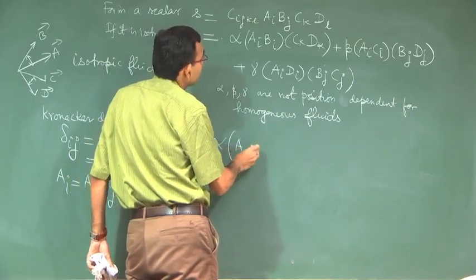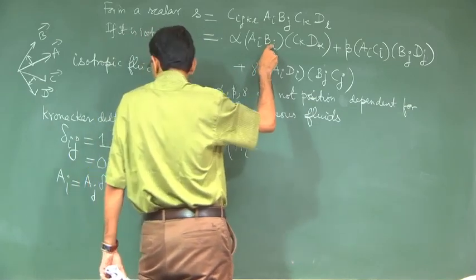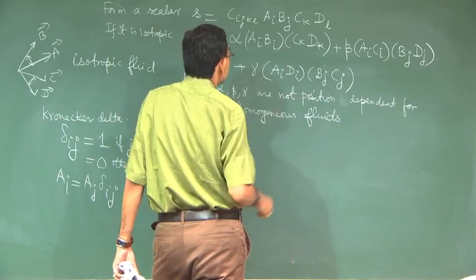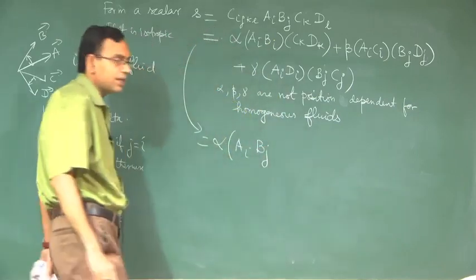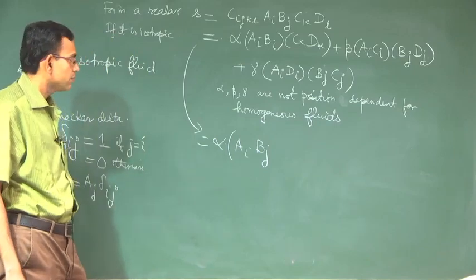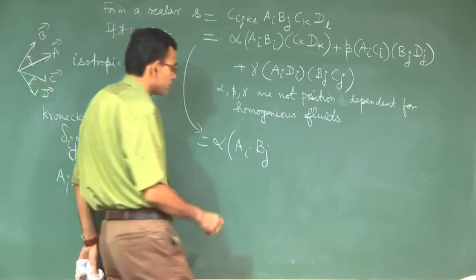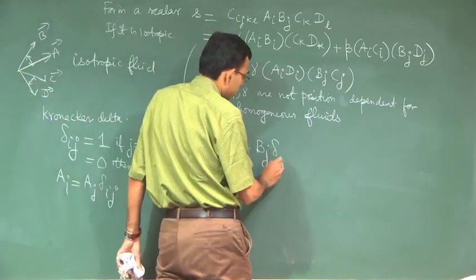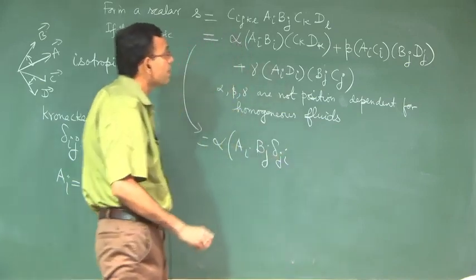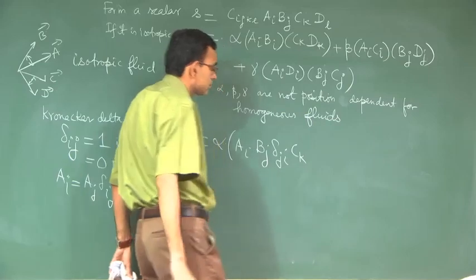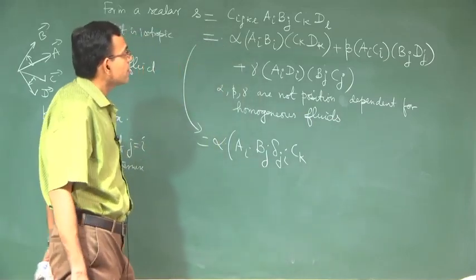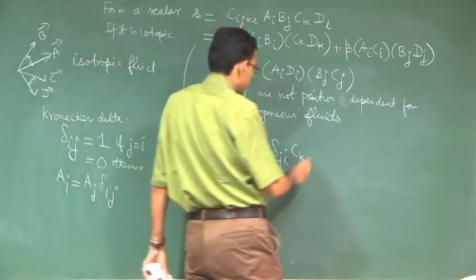So, with this one you can write this as Ai. If you want to make it Bj, with what will you multiply? Right. Then Ck, then dl.